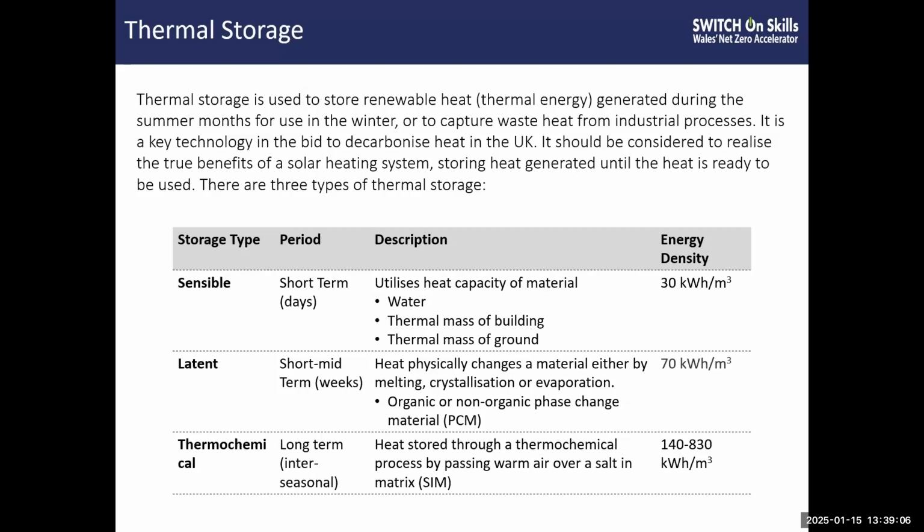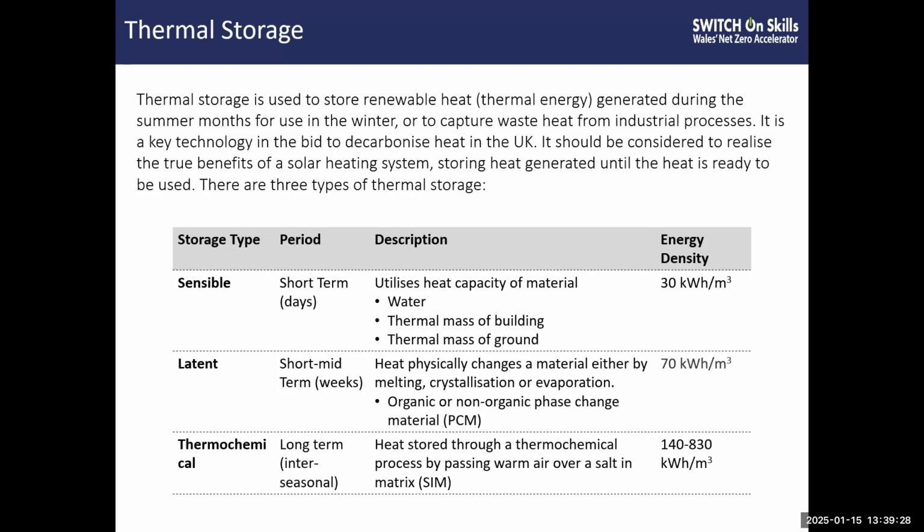And for the true benefits of a solar heating system, the heat generated should be stored until it is ready to be used. That makes sense. So to help with this, there are three main different types of storage. You can see there in this table: sensible, latent, and thermochemical.